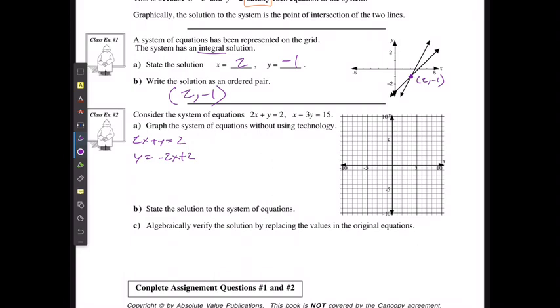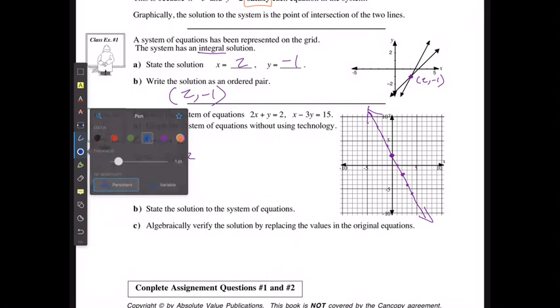It has a y-intercept of 2, and it has a slope of negative 2, or negative 2 over 1. And I can connect the points and graph this out.